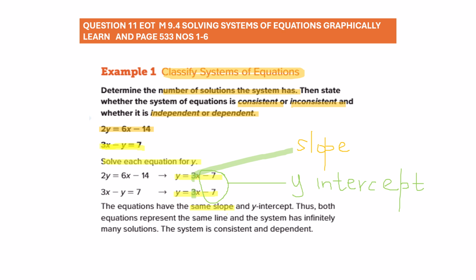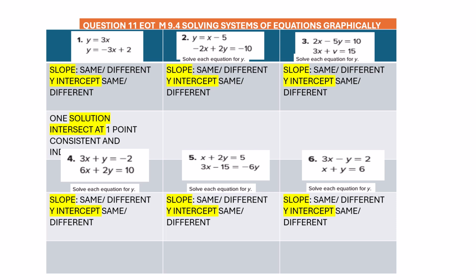The system has infinitely many solutions because it's exactly the same. And therefore, it is consistent and dependent. So let's move on to see how we solve the rest of the equations.